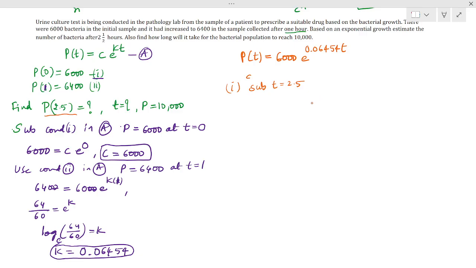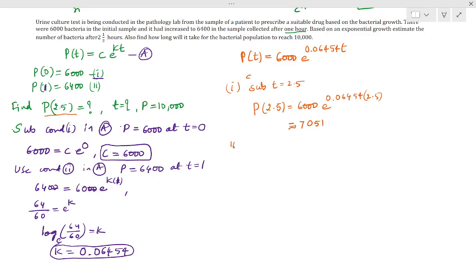P of 2.5 is equal to 6000 into e raised to 0.06454 into 2.5. On calculating all these, you will get 7051. So after 2.5 hours, the bacteria population reaches 7051.